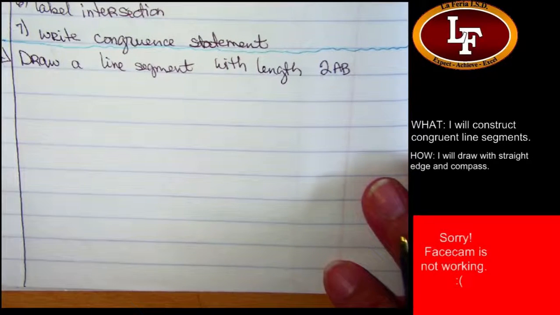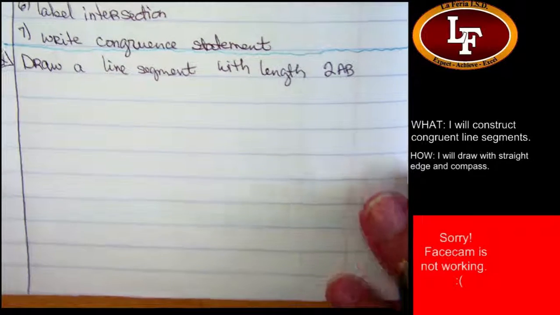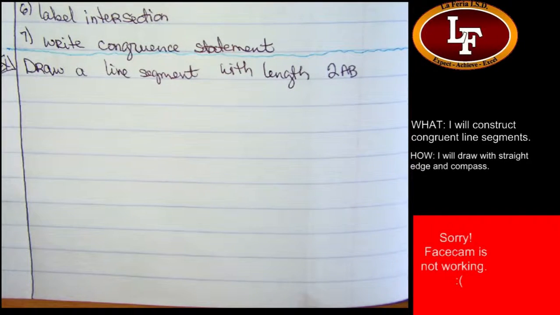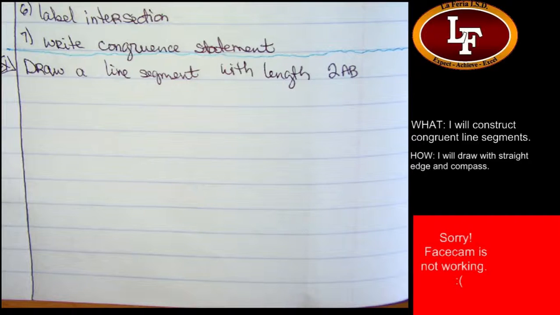This is talking about the distance between point A and point B. It's talking about the distance between A and B. How long is this thing? 2 times as long as the original segment that we drew at the very top of the paper, which we named AB.